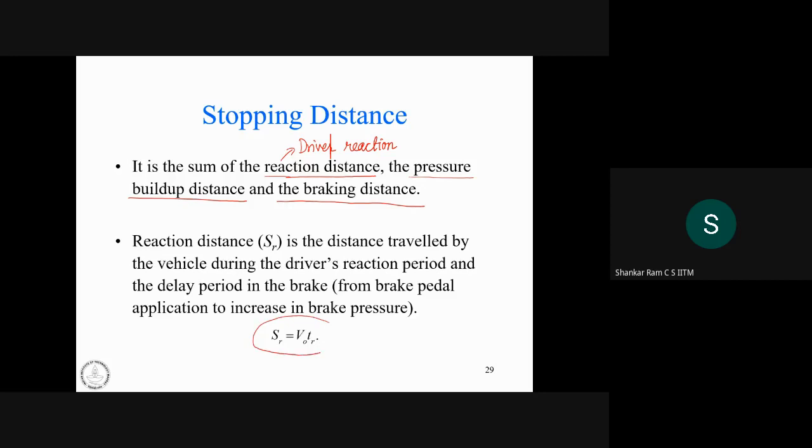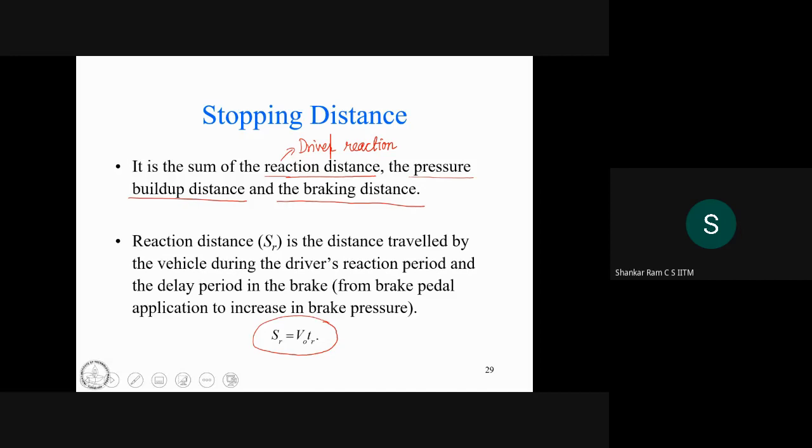Reaction distance, as this formula indicates, is the product of the speed at the instant of braking multiplied by the driver reaction time. So V0 times PR gives us the distance traveled by the vehicle during the driver reaction.